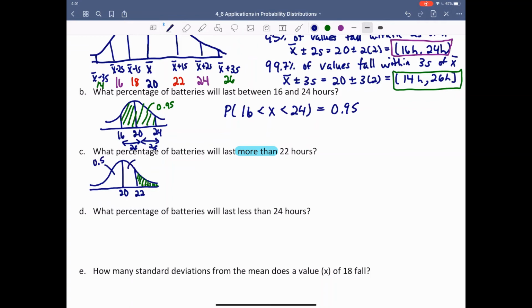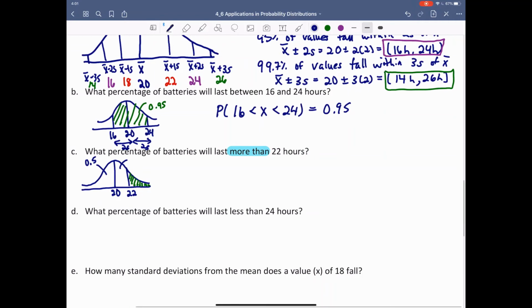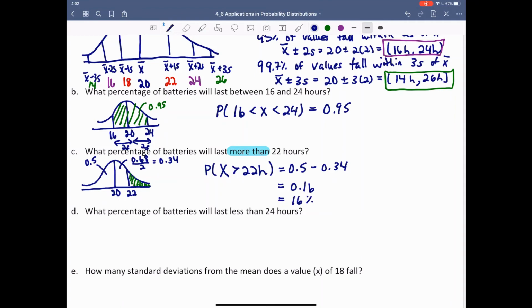Everything between 20 and 22 hours is 68% divided by 2, which is 34%. And so the probability that X is greater than 22 hours is equal to 0.5 minus 0.34, which is equal to 0.16. I should add, it's asking for the percentage, so this is actually 16%, and the previous question would have been 95%.